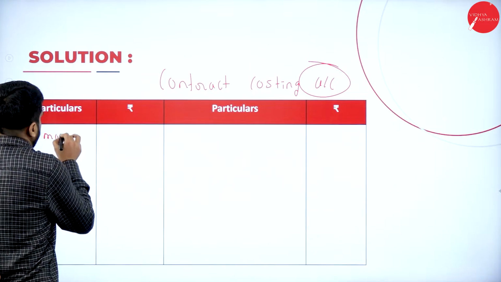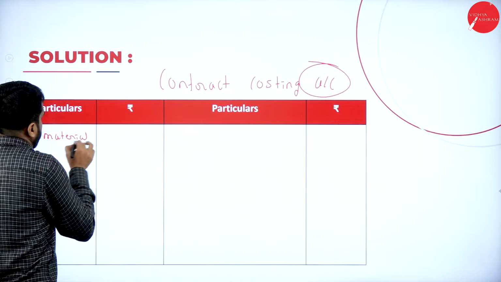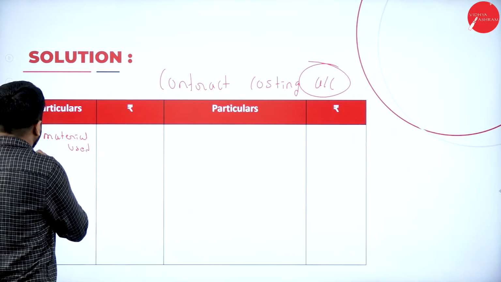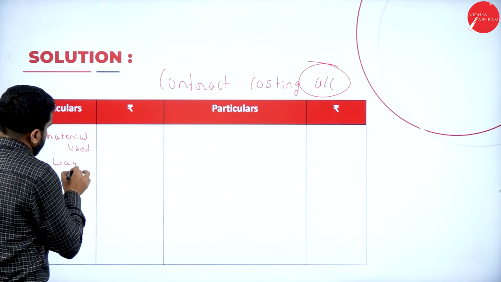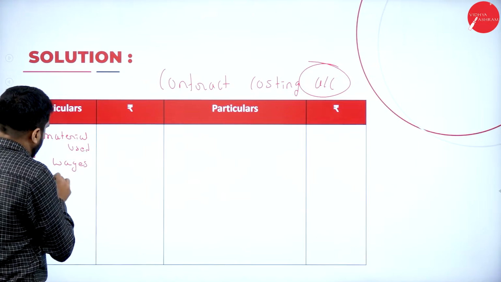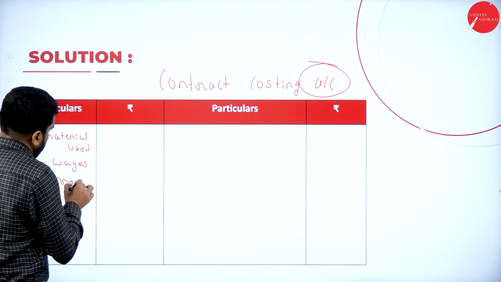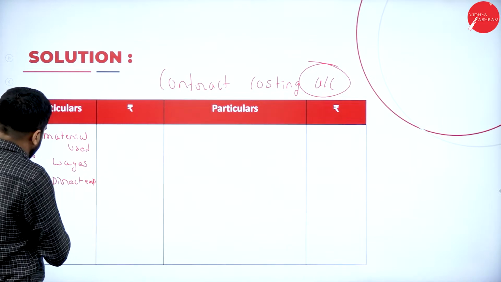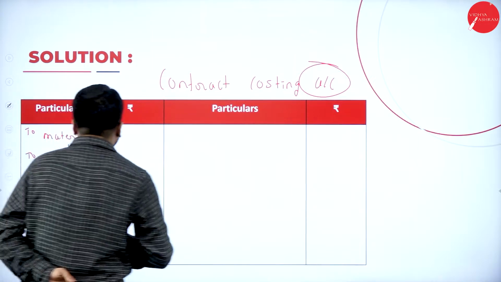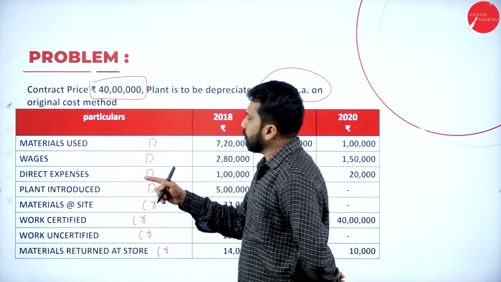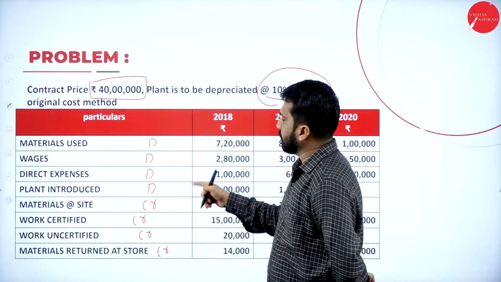Material used. Second one, wages. Third one, direct expenses. Fourth one, plant. Material used, wages, direct expenses, plant.